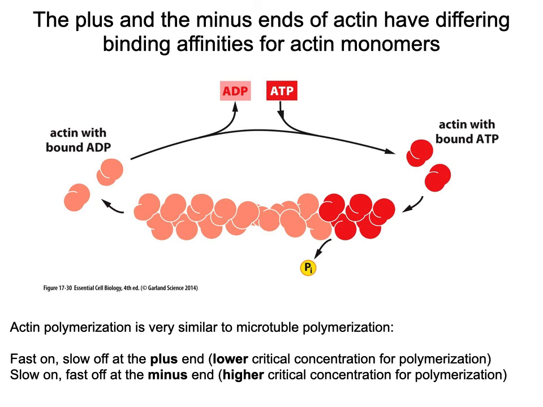So ADP just is not going to be able to bind and polymerize as readily as ATP. And then there's a faster off rate, right? So again, that K on versus K off. And so on the minus end, this is where we're going to have either no growth or very slow growth.